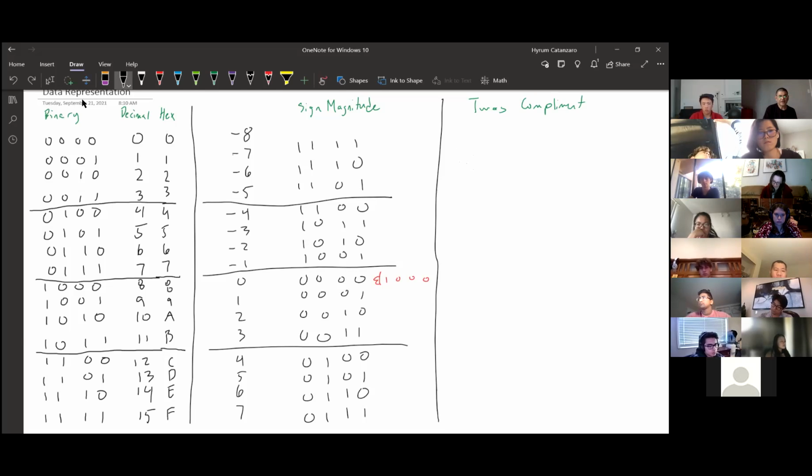You can't see my mouse, right? No, you can't, because I'm not sharing. So you want to start against the 0 in the two's complement column and fill in 0, 0, 0, 0, because that is 0. Yeah, there you go. Now all the positive numbers are exactly the same.